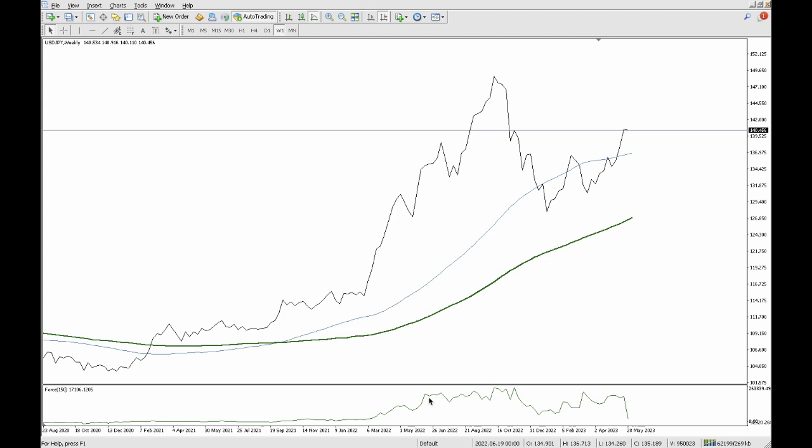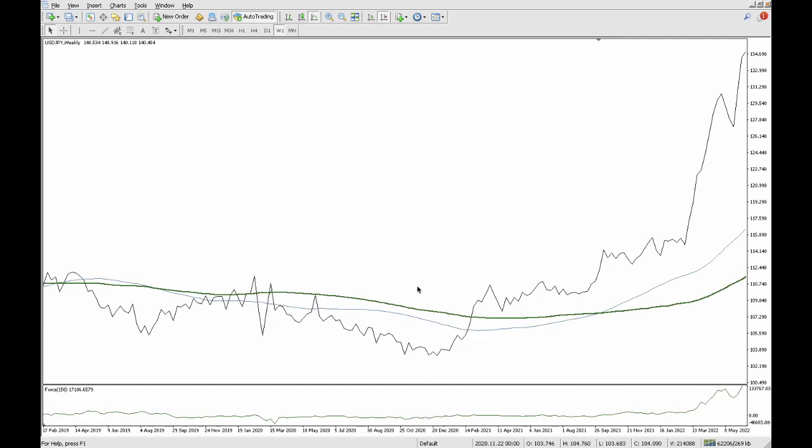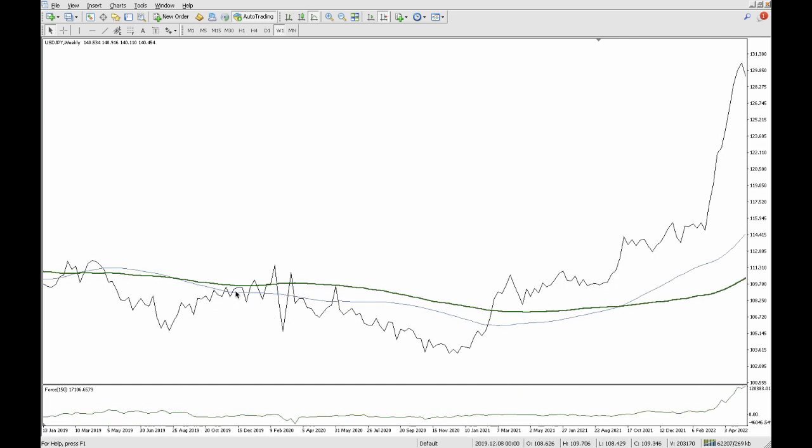Now let's look at a sell position, or a sell condition rather. For the sell condition, the fast moving average has to be below the slow moving average, and the force index has to be below 0.